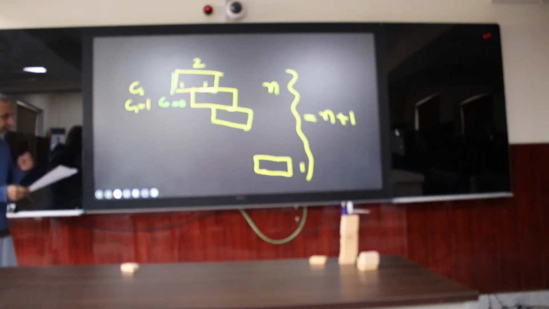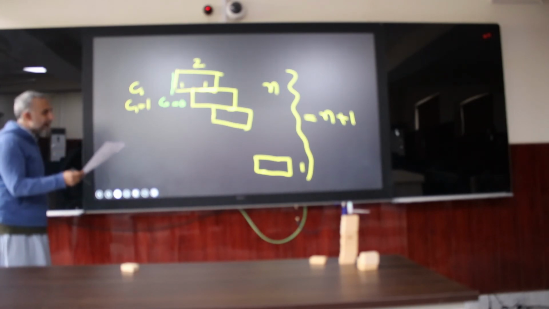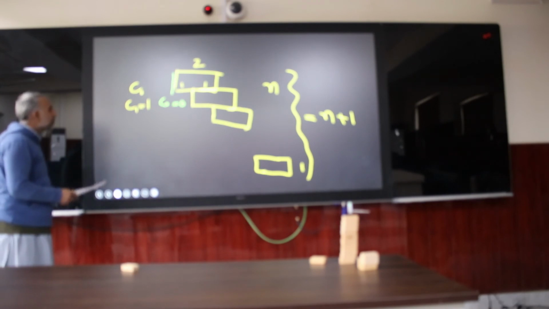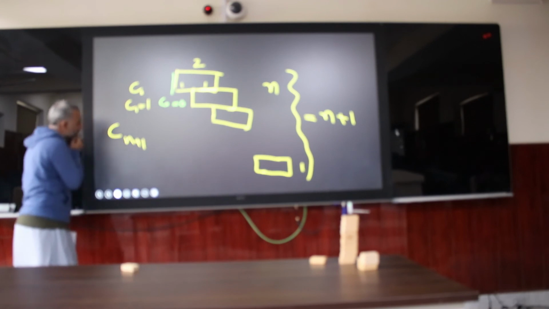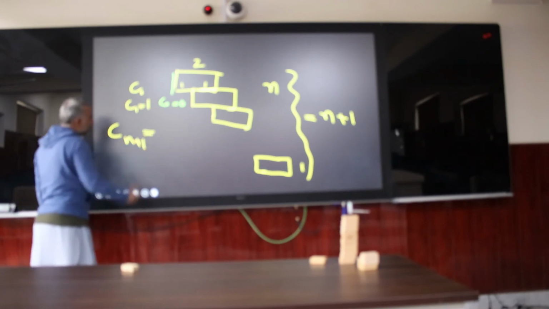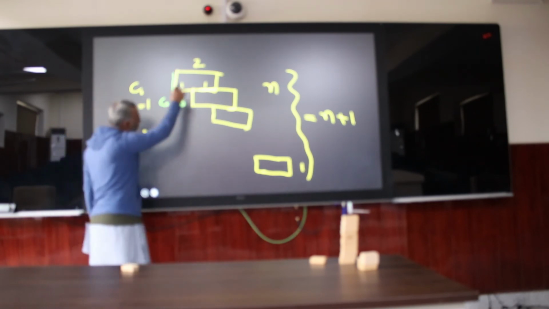Good. So if you are talking about the n plus 1 blocks, or the center of mass for n, this is what you want to know. Of course, it is equivalent to the total of these.